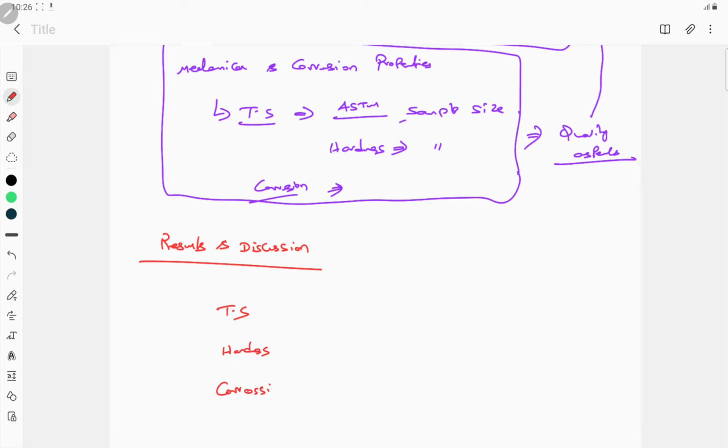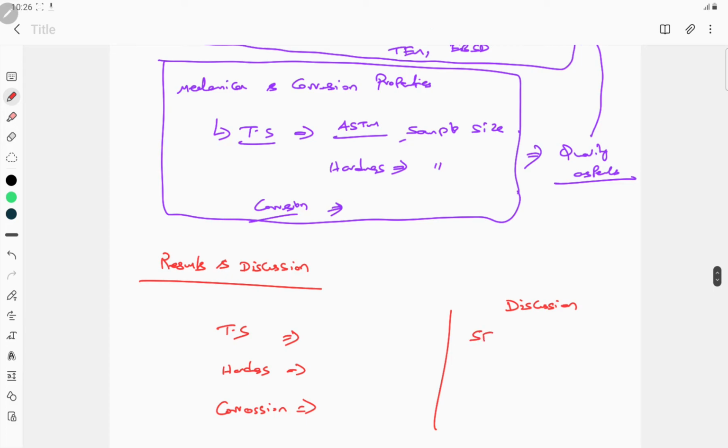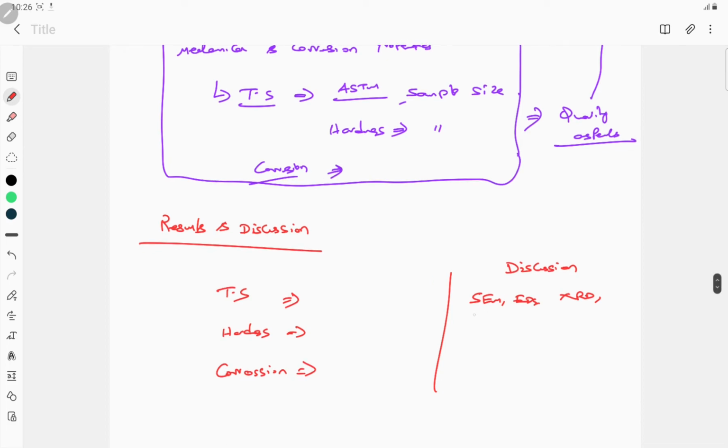Okay, so they might have reported all the results related to the tensile strength, hardness and corrosion in this section. Okay, and they would have discussed in the discussion part. Okay, so they will use these metallurgical studies like SEM, EDS, XRD. So they will use these metallurgical studies to justify the variation in the tensile strength, hardness, corrosion after welding.